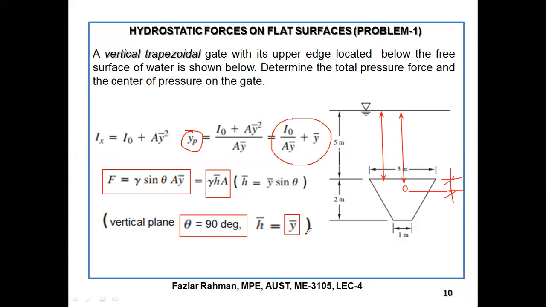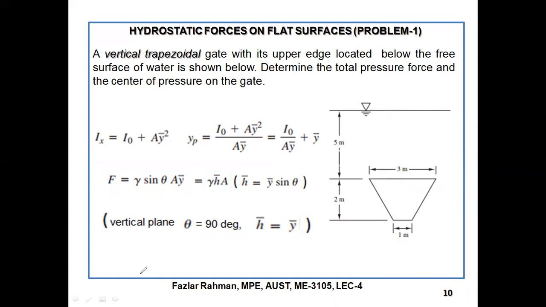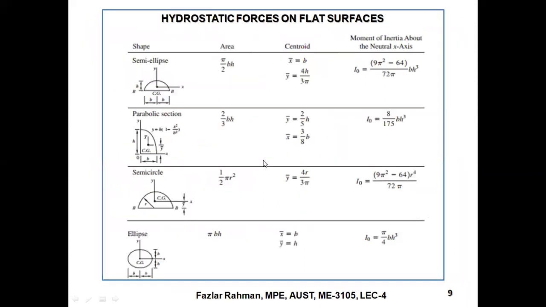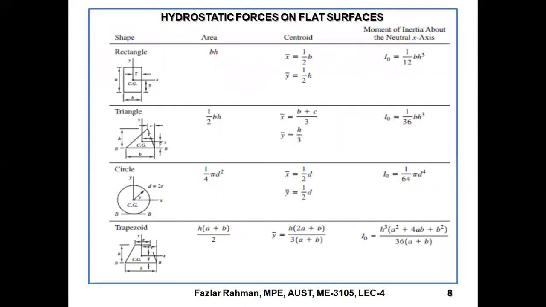Now, right over here the formula is not given. But if you look at the previous sheet, the trapezoidal area, you see if the smaller length is a, the bigger one is b, and the height is h, then this will be the area.